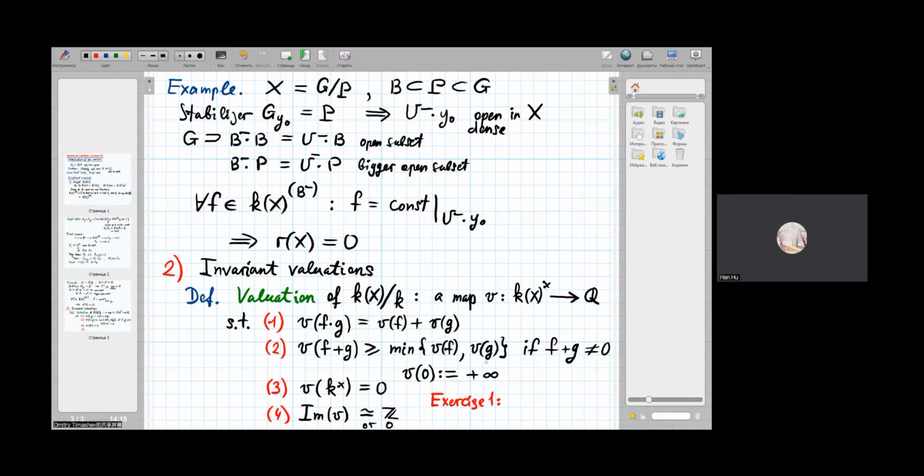But if these two values are different, if v of f and v of g are different numbers, then in fact this inequality turns out to be an equality.